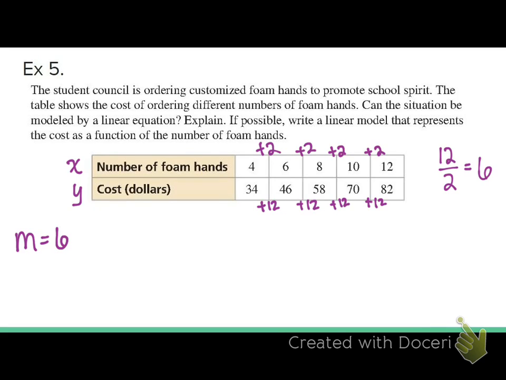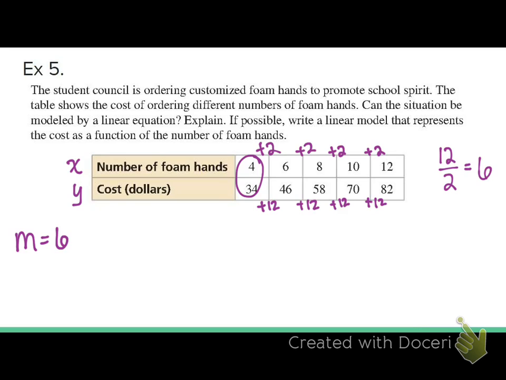Then we just have to pick a point. You were given 5 points. Which one do you want to use? We only need one. The first one? Sure. It doesn't matter to me. You use your first point. Remember, x is on top, y is on bottom.